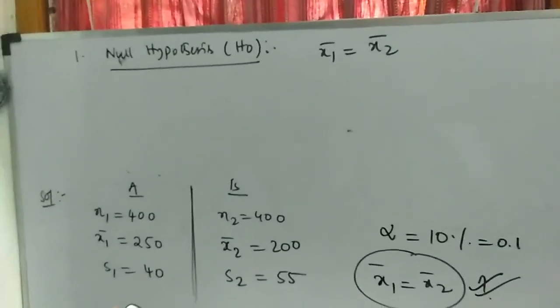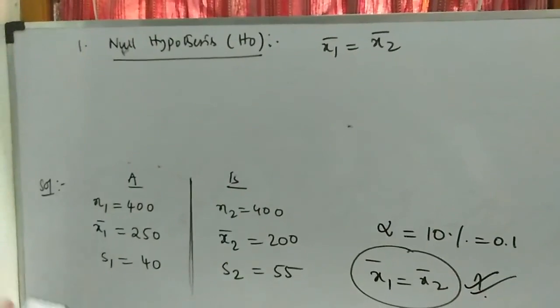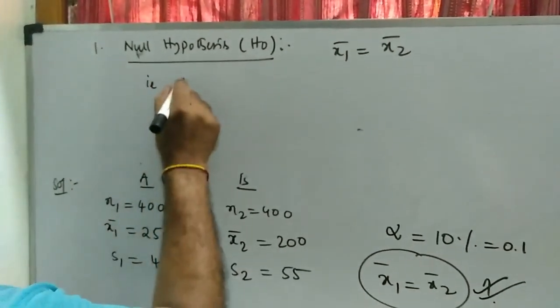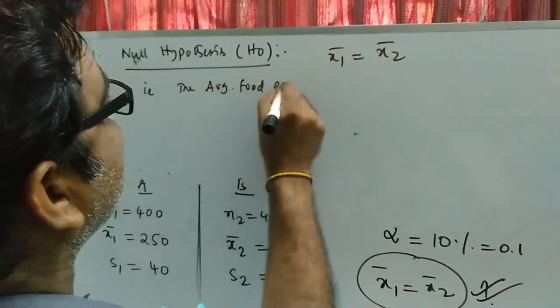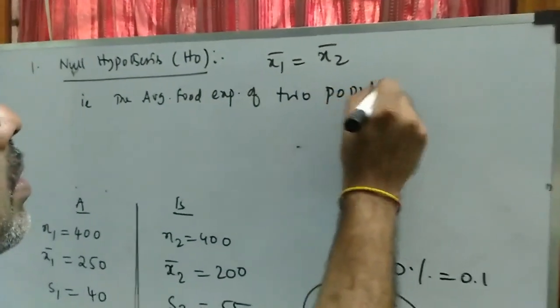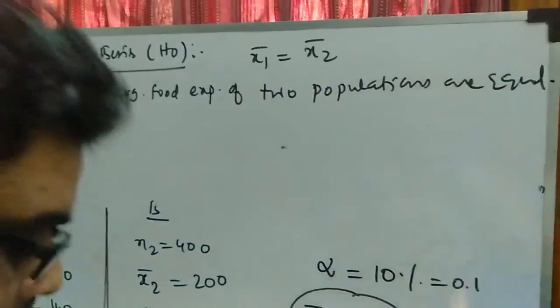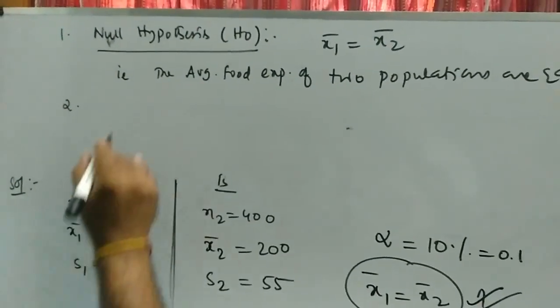There is no significant difference between the two population means, or the average food expenditures of the two populations are equal. We are assuming that initially the two populations are one and the same.